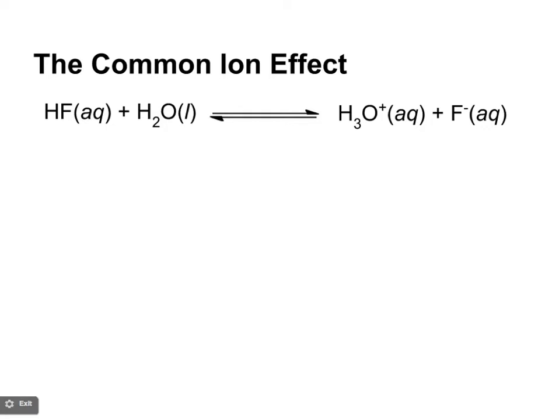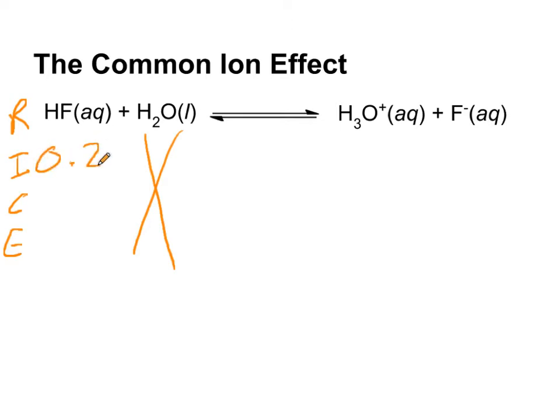So here I've got my same equation given. Set up my Rice table on the side here, R, I, C, E. Remember that water doesn't do anything in a Rice table. My initial concentration of the hydrofluoric acid was 0.2. Now, typically in problems we had been doing, we've just been putting in zeros for the initial concentrations of the products.